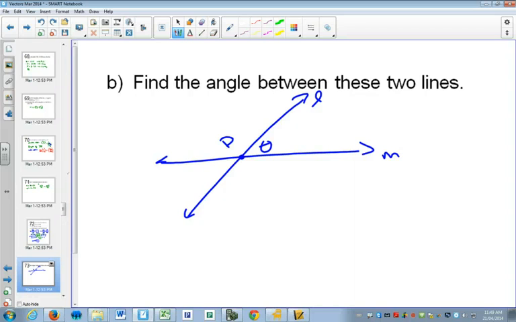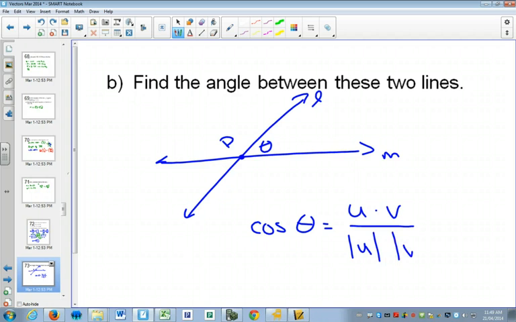So we go to one of our most important findings, which was our cos theta formula. Cos of theta is equal to, now on your formula sheet you had u dot v over the length of u times the length of v. Did I remember it correctly?